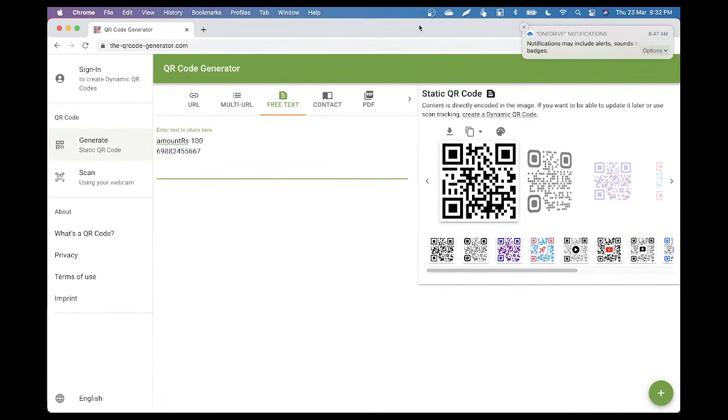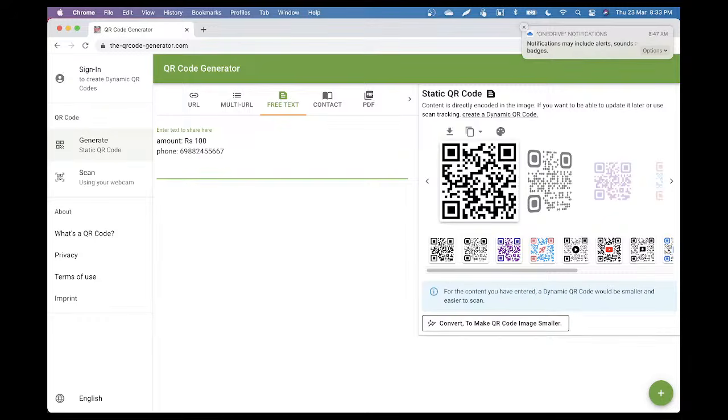Here in the QR code generator, a QR code could be representing a URL, or various other kinds of information as well. Here I have chosen free text, and assume I want to transfer rupees 100 to maybe a phone number. When I type in this information, I automatically get a QR code generated here.